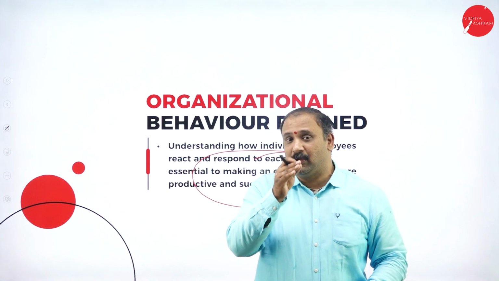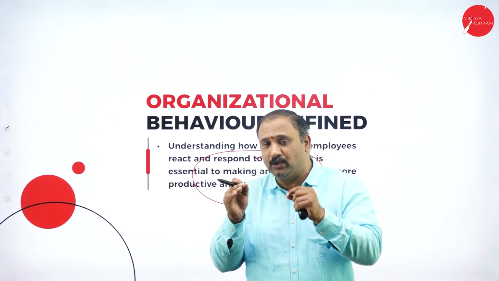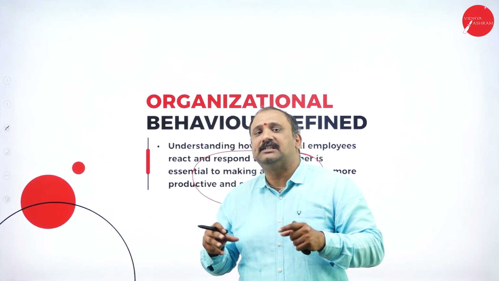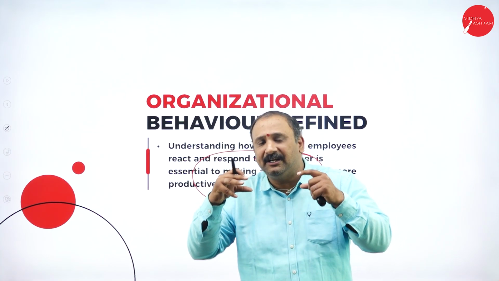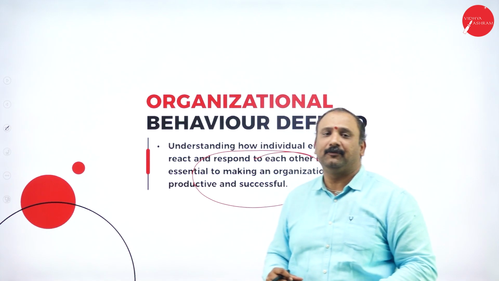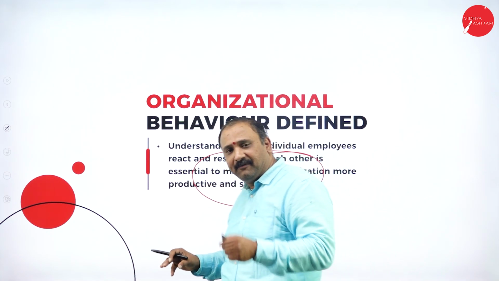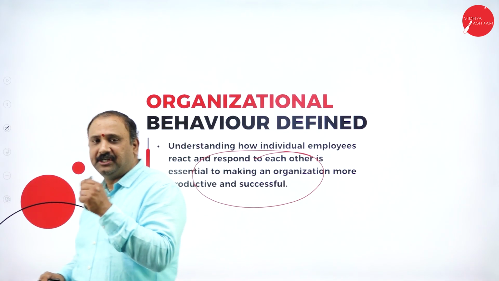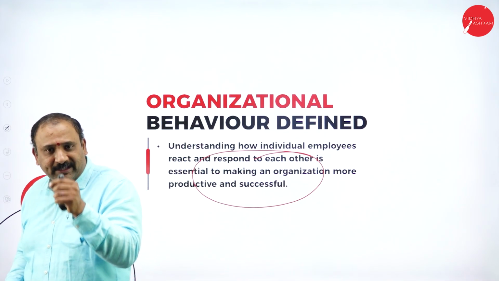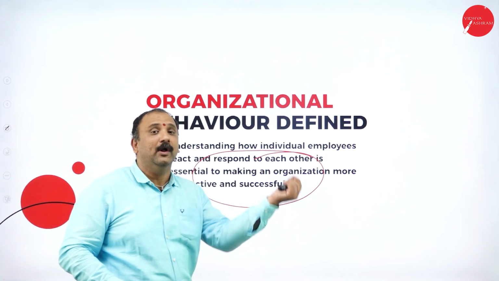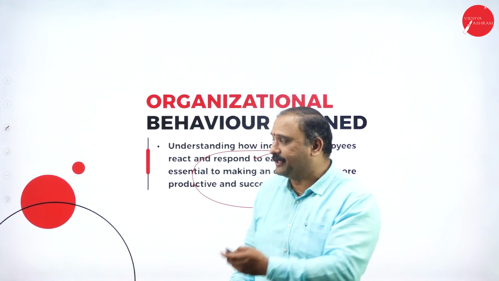The employees will also start setting up their goals according to the organization, and you create a team that is always active and responsive to any kind of challenges that is being thrown around. So that's why organization behavior's primary ideology here is to improve individual communication so that you are able to grow as an organization together.